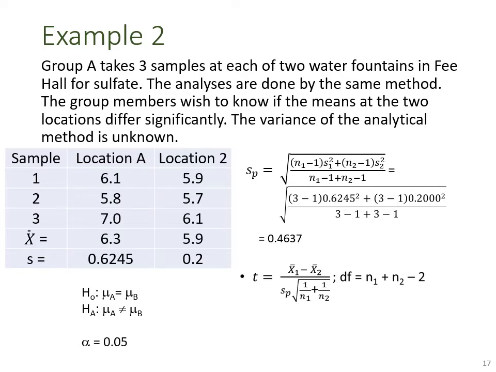We then use that pooled standard deviation here to determine the experimental t-value. And when we do, we determine that the experimental t-value is equal to 1.056.